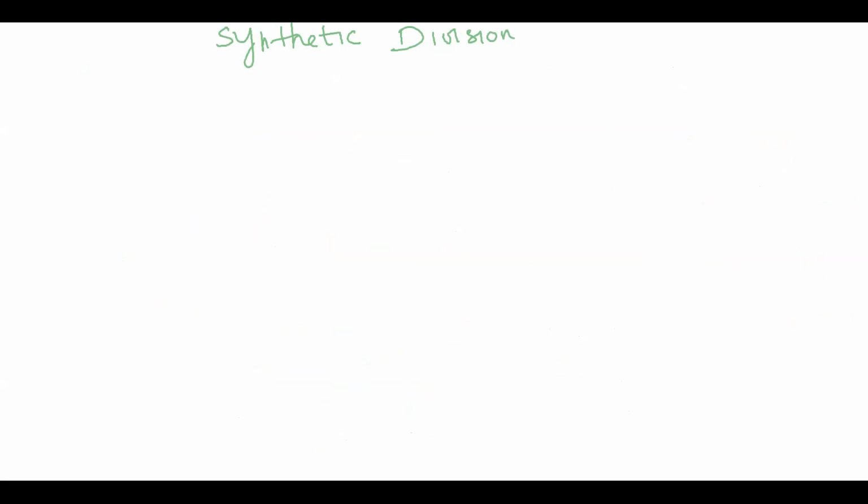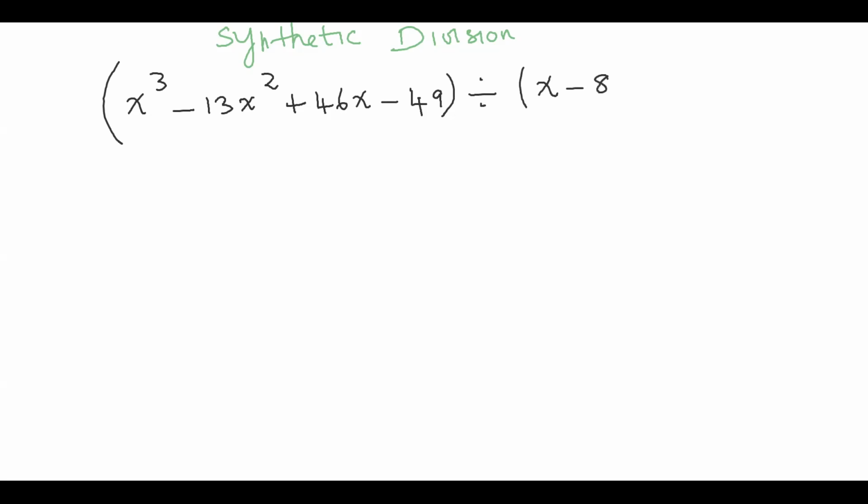So the first example is we have to do x to the third minus 13x squared plus 46x minus 49. So we have to divide this polynomial by x minus 8.